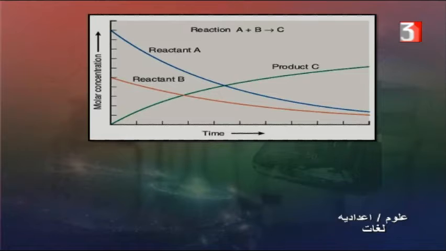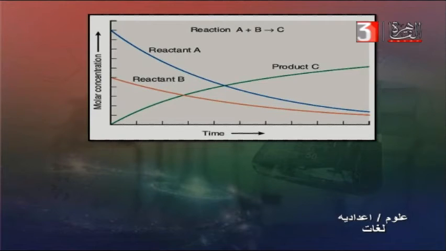In this figure, we can see the relation between molar concentration and time, with molar concentration on the y-axis and the time. This relation means that reactant A plus reactant B produce C as a product.